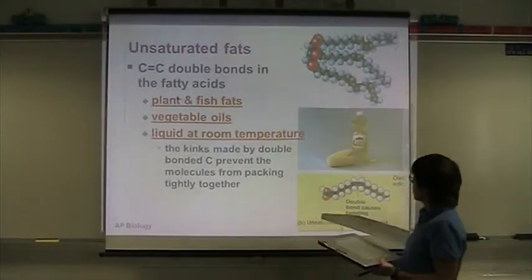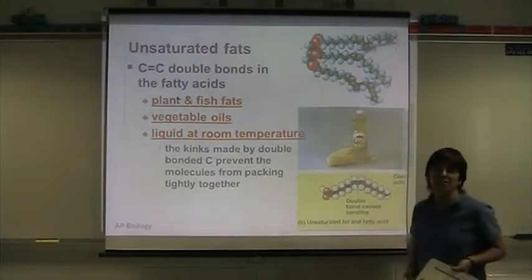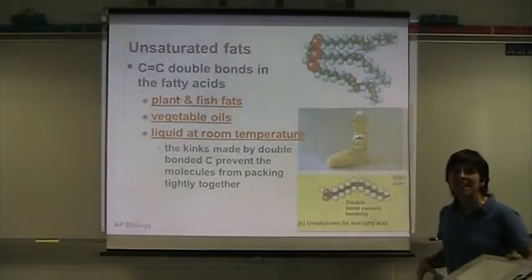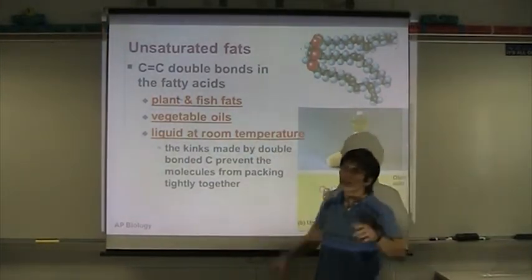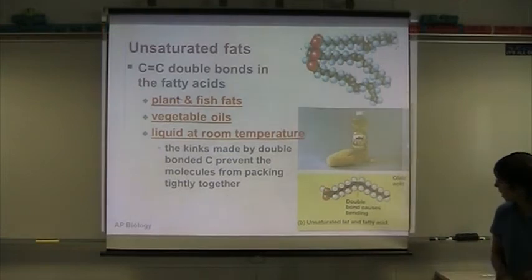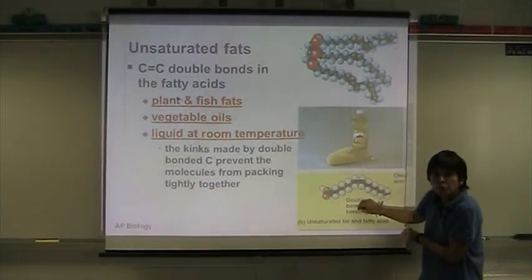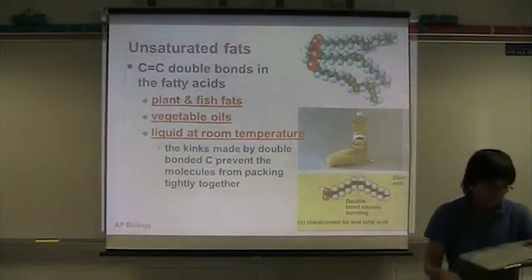Where do you find unsaturated fats? Pretty much any fat of plant origin is unsaturated, has those kinks and makes it liquidy at room temperature. Always very important. Right? So these double bonds there allow you to be missing hydrogen, and that allows kinks so you can move.